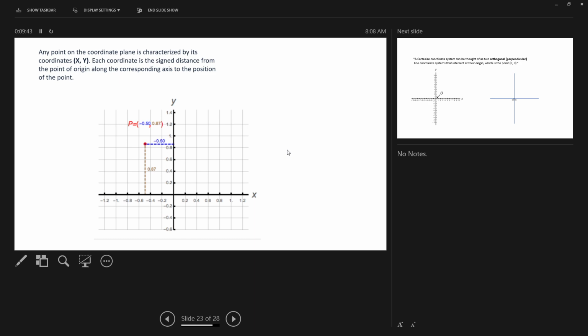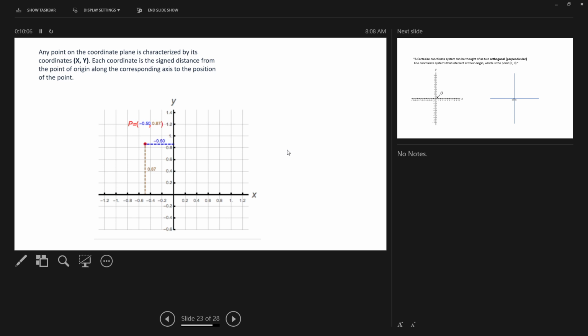Essentially, any point on the coordinate plane is characterized by its coordinates x and y. Each coordinate is the signed distance from the point of origin along the corresponding axis to the position of the point.